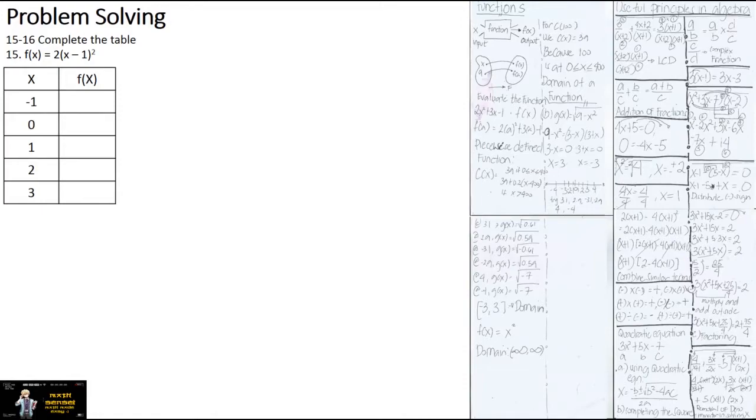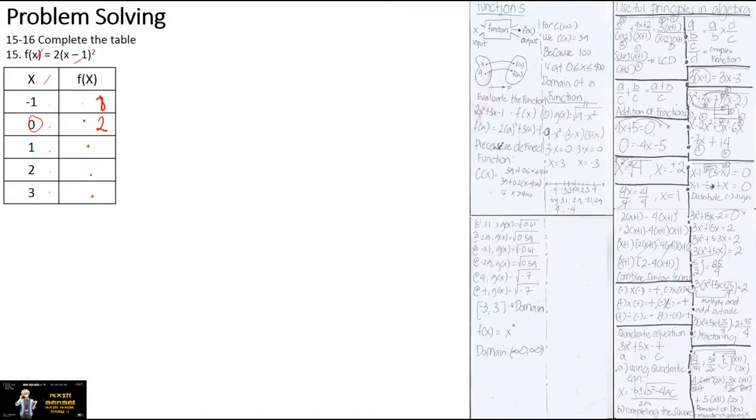Okay, so yan. Saan na tayo? So, complete the table. So, sabi, meron kang function. So, meron kang input. Any inputs corresponds to output. So, mabilis lang to. Pag sinubstitute mo sa calculator to, ang lalabas ay 8. Pag sinubstitute mo naman to sa calculator dito, ang lalabas ay 2.